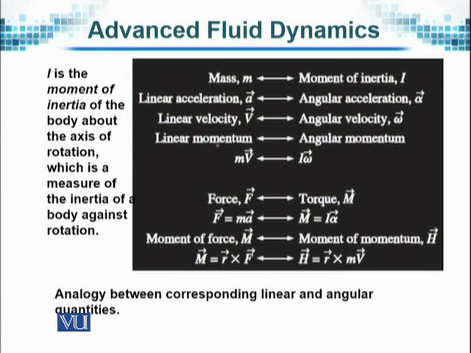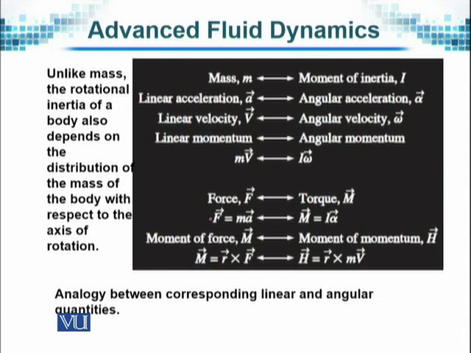Linear momentum corresponds to angular momentum. So if linear momentum is mass into velocity, the angular momentum is inertia into angular velocity, which is omega. Force F corresponds to torque and is denoted by M. So these are the values that we have for these things.